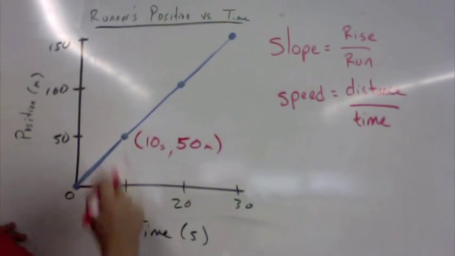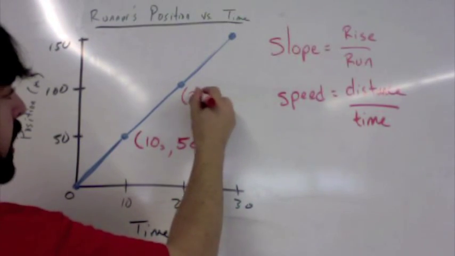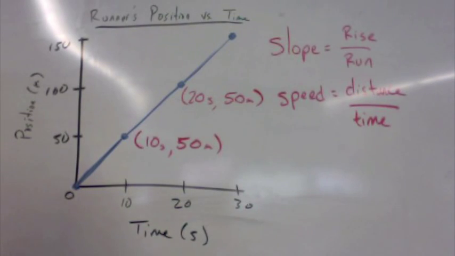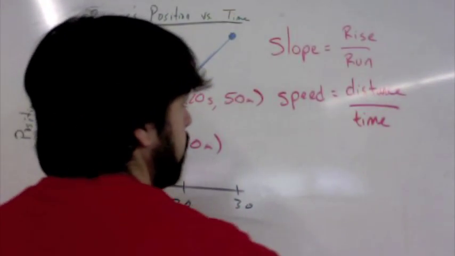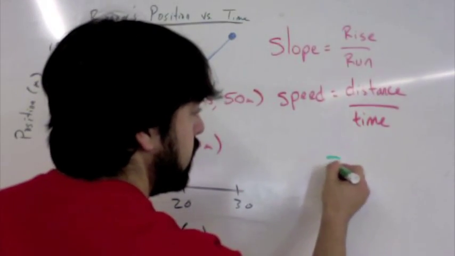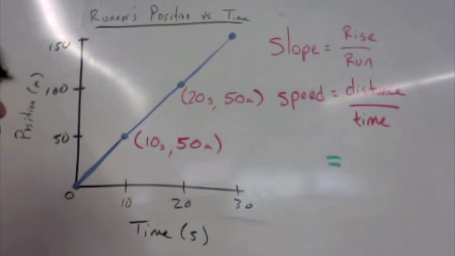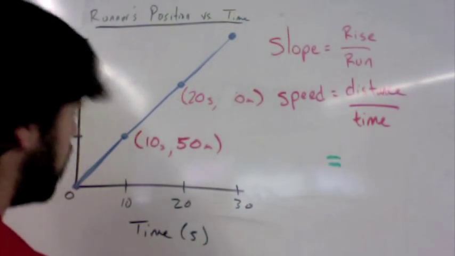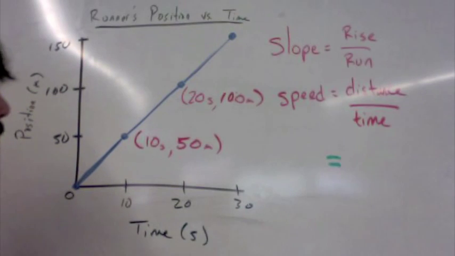Here's another coordinate at 20 seconds over, 100 meters up. So a rise, which is the distance one, is going to be, sorry about that, 50 should be 100.